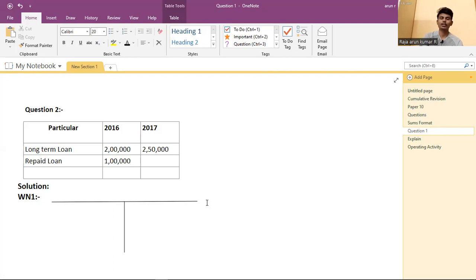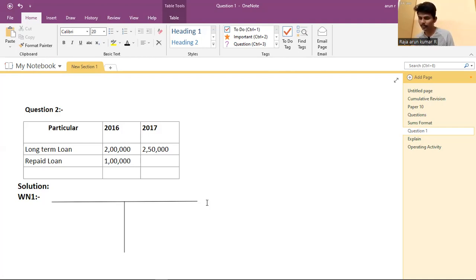Since they give different amounts, to understand how the cash outflow and inflow logic works, we put a ledger account as working note 1.